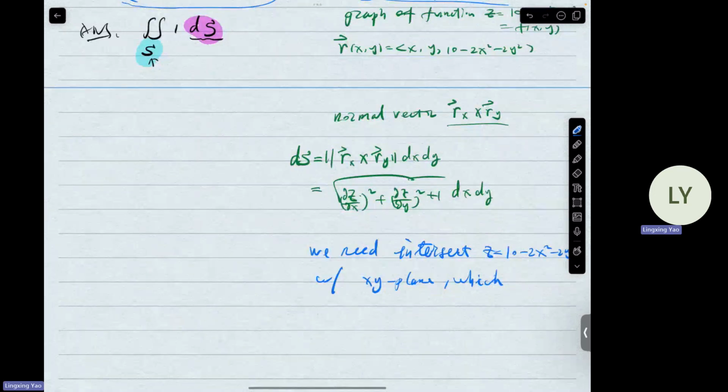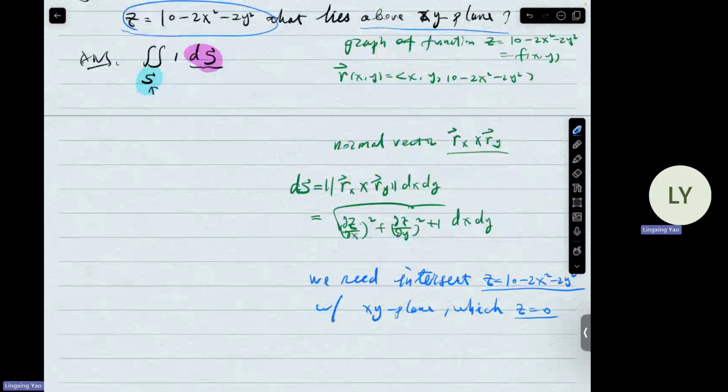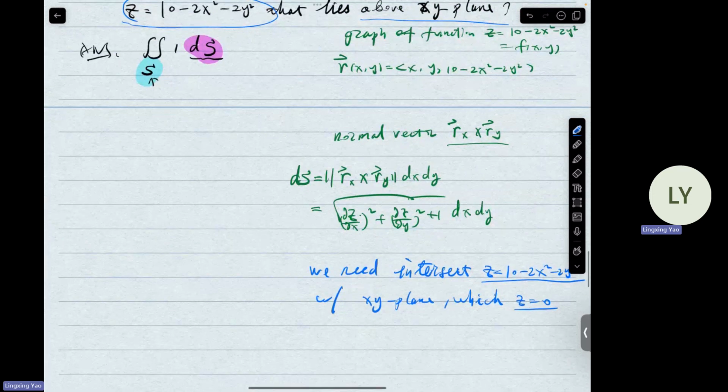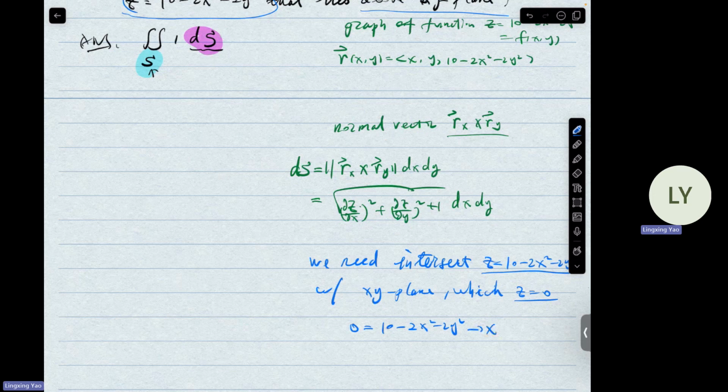How do we use Cartesian coordinates to represent the xy plane? It is z equals 0, right? How do we intersect this surface and this surface? We just make them equal. So 0 equals 10 minus 2x squared minus 2y squared. So this means x squared plus y squared equals 5. So this is a circle on the xy plane because z equals 0.